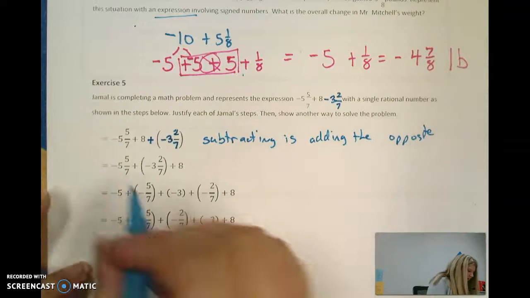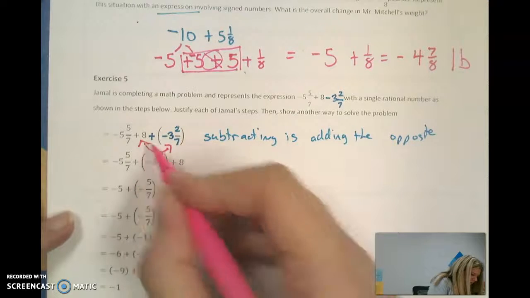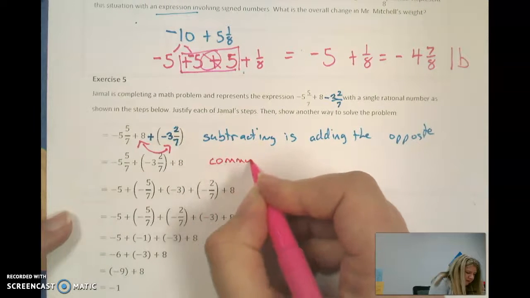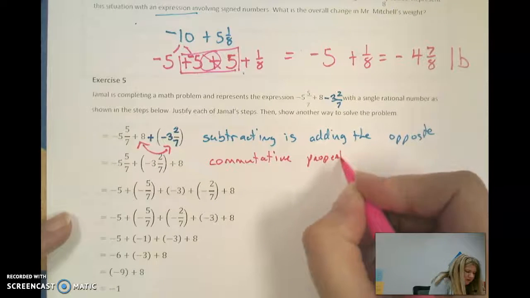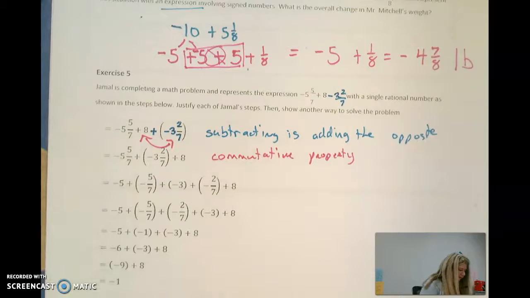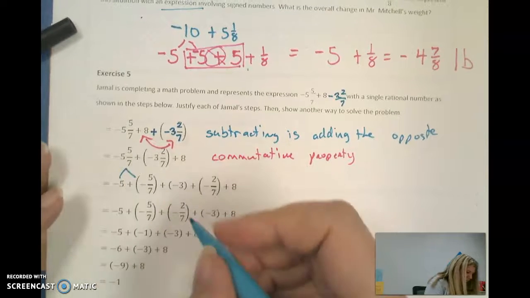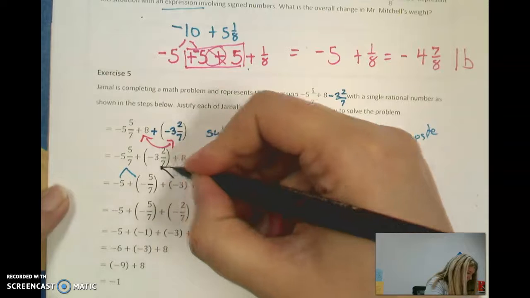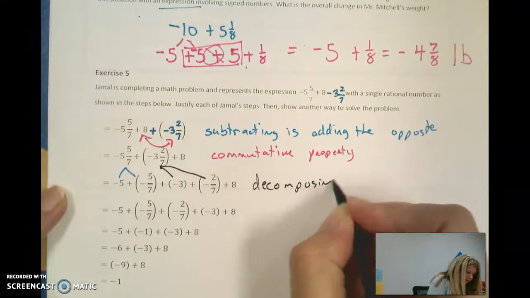Okay. Then here, these two things have switched places. For down here, we can do that because of the commutative property if we're dealing with addition or multiplication. All right. Then he's broken this down, and additionally broke this down. We call that decomposing.